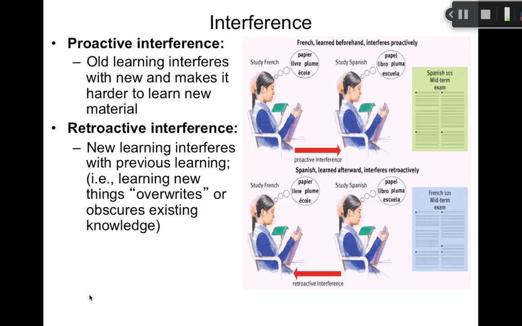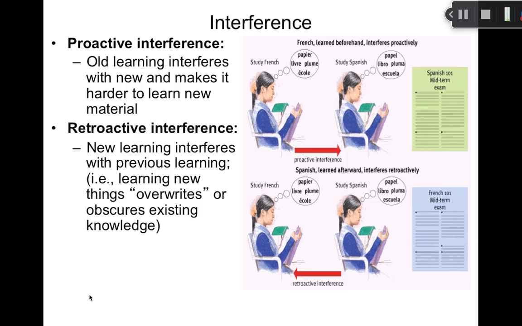Some people might find that this actually helps them, but if you have two subjects that are quite similar, there's substantial overlap between concepts and terms and that sort of thing. It could be that the two get conflated. So they actually bump up against each other and make it difficult to remember old and new information.